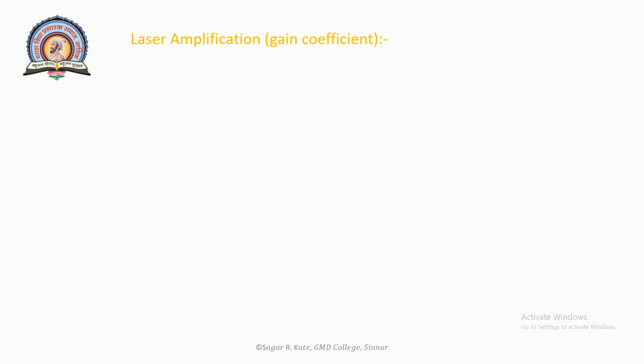Laser amplification, that is, the gain coefficient. A laser amplifier is a narrow band coherent amplifier of light. Amplification is achieved by stimulated emission from an atomic or molecular system with a transition whose population is inverted, that is, the upper energy level is more populated than the lower.